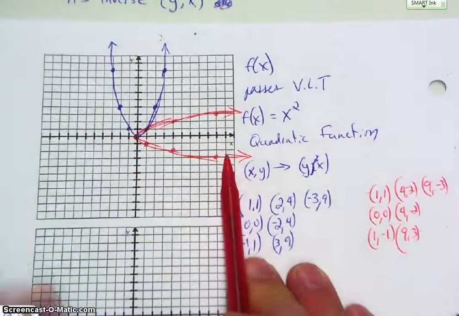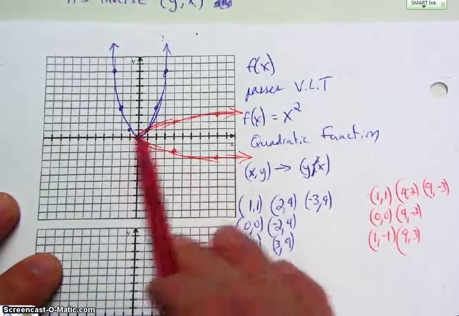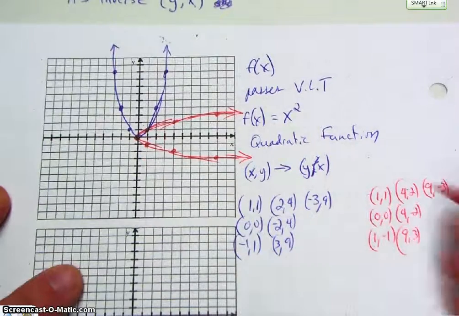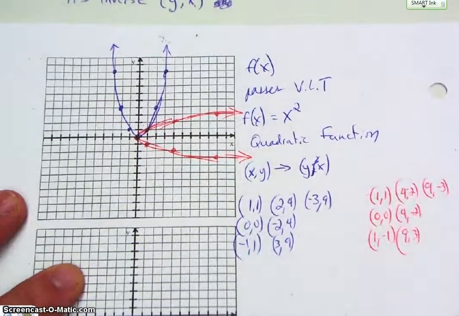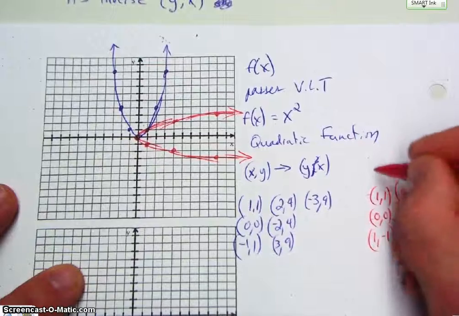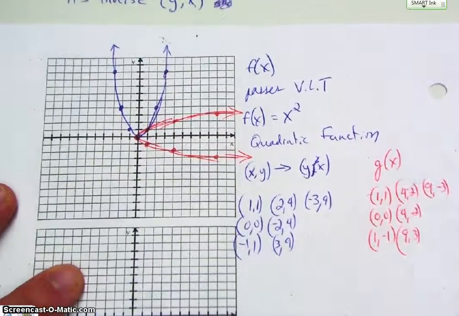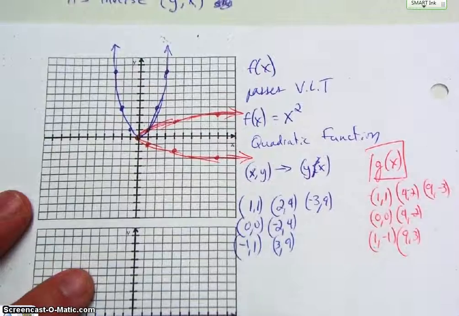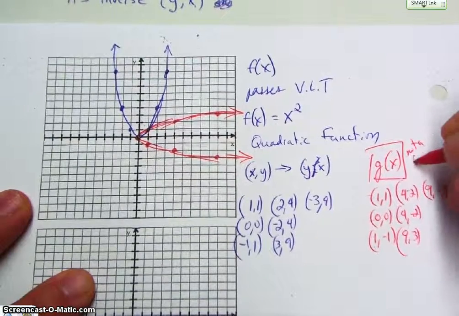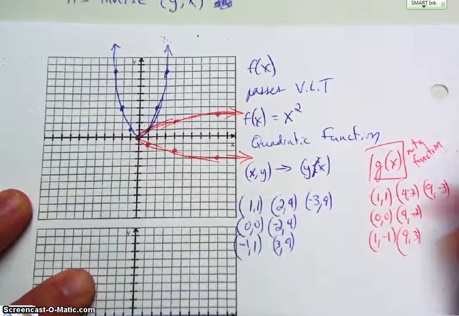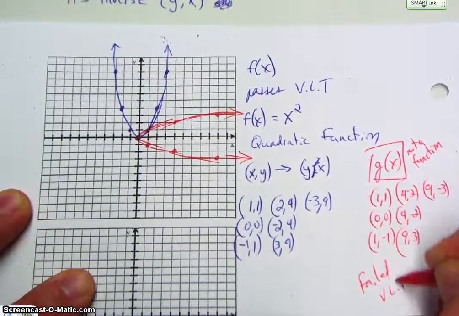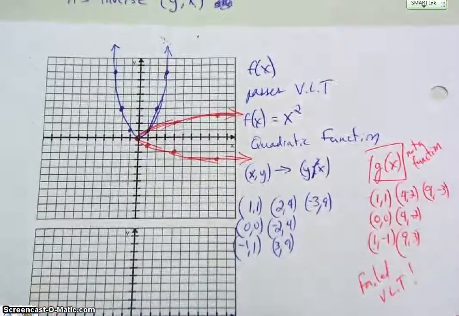Now this new relation, you notice, is not a function because it fails the vertical line test. So I can't say f of x. I'll just call it g of x. That is not a function because it failed the vertical line test.